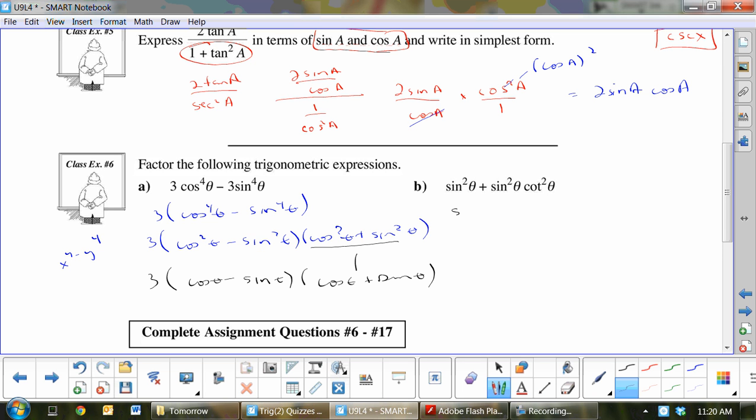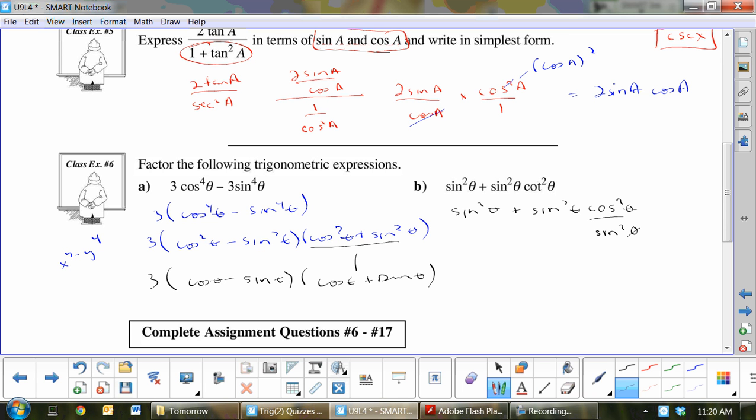So this is sine squared theta plus sine squared theta times cotan squared theta. And what's cotan squared? What is it, guys? Cos squared theta over sine squared theta.